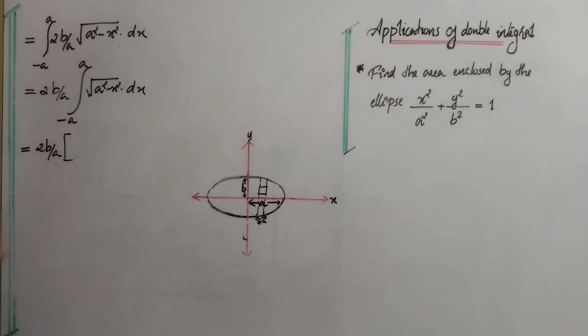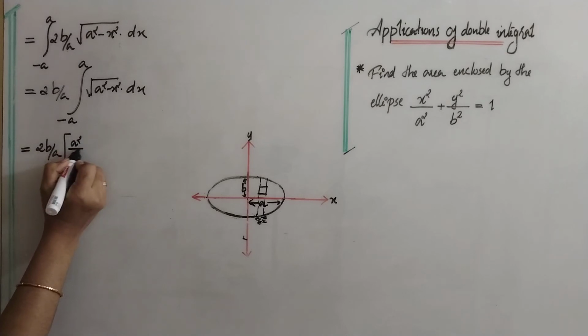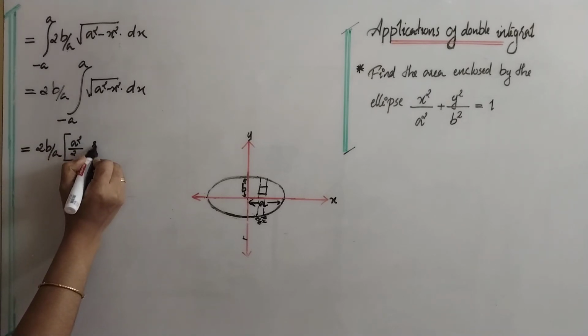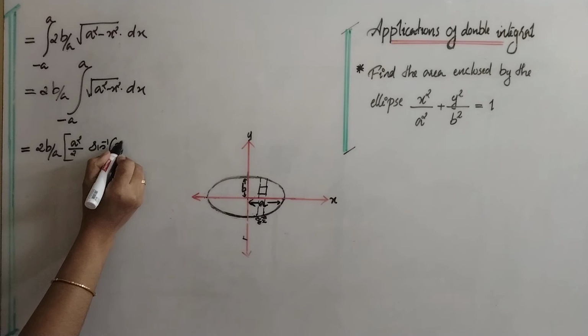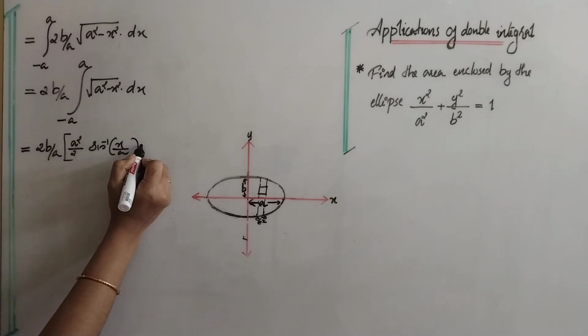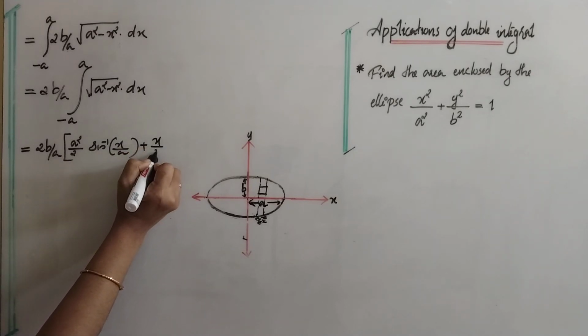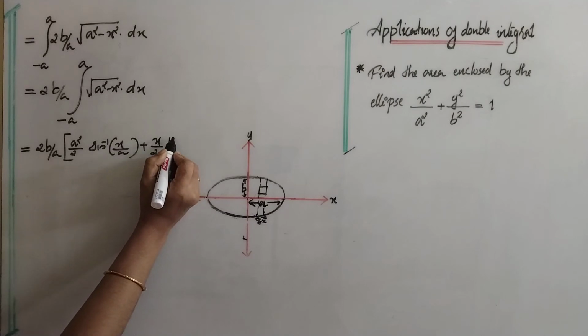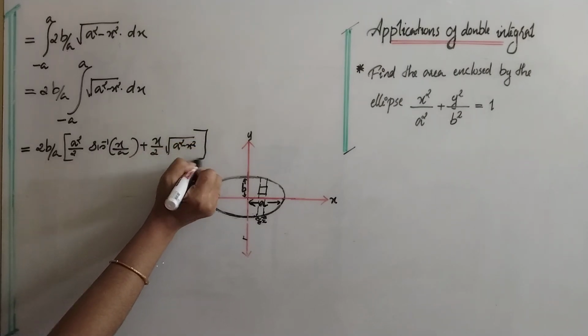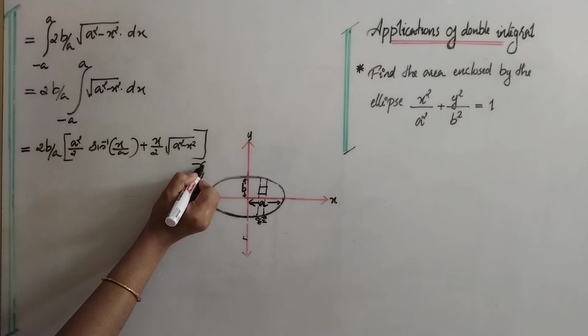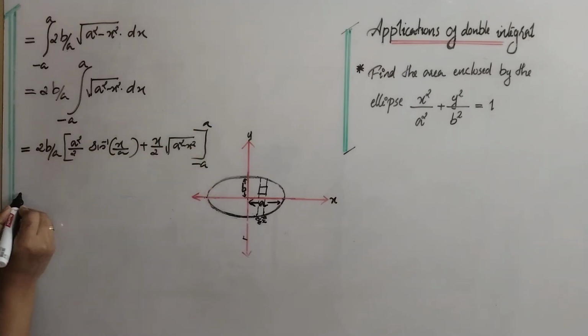That is a square by 2 sine inverse x by a plus x by 2 into root of a square minus x square, limits varying from minus a to plus a.